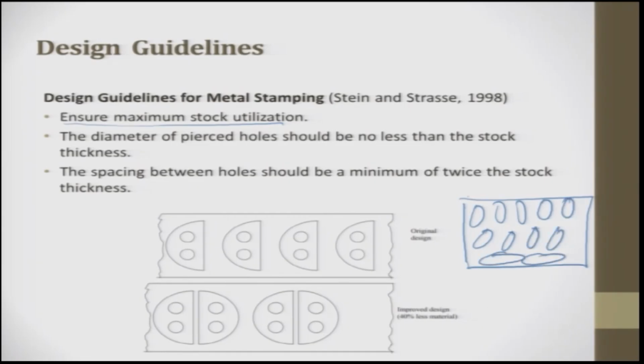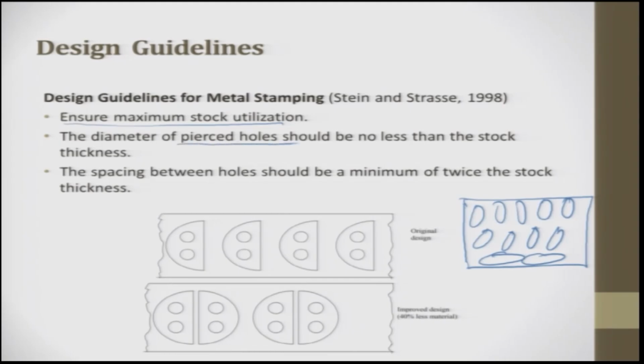What they have done is they have maximized the utilization in producing whatever product they want. This is called nesting. Nesting itself is a big algorithm. You have a sheet metal, you have a product, how many parts can be made, and what all orientations can I use. It is not necessarily all in one direction, you can do it anywhere, but you try to reduce the scrap. So, ensure maximum stock utilization.